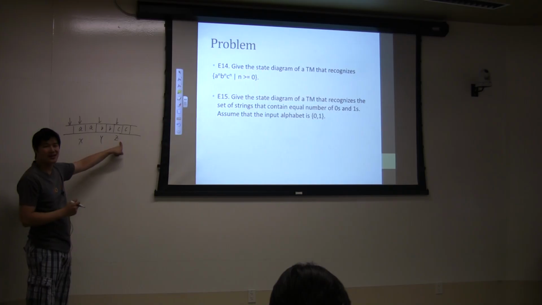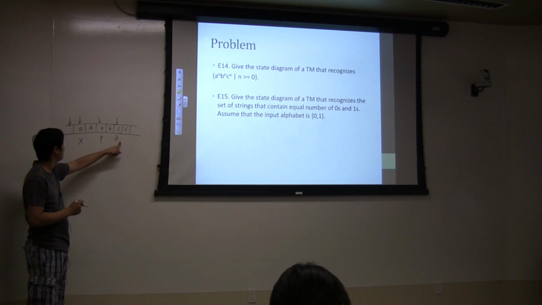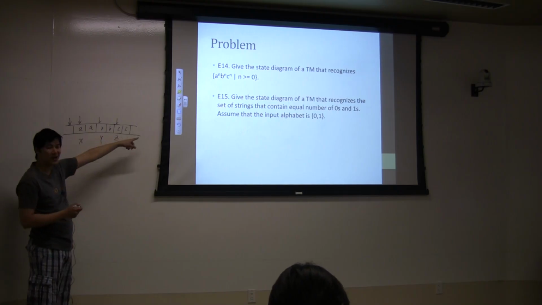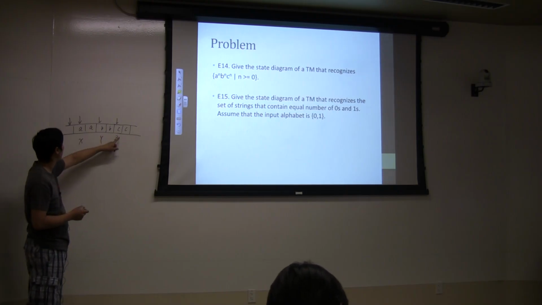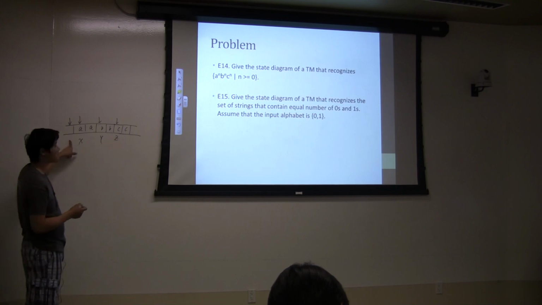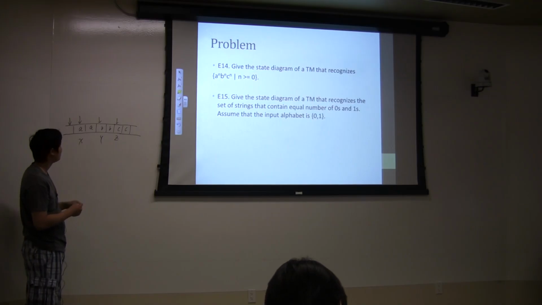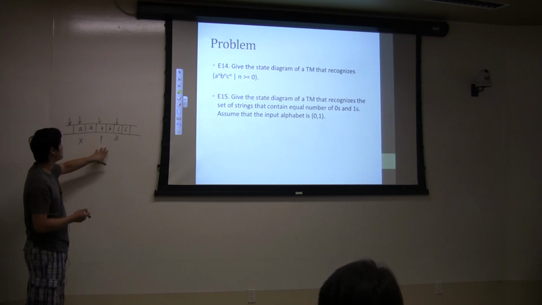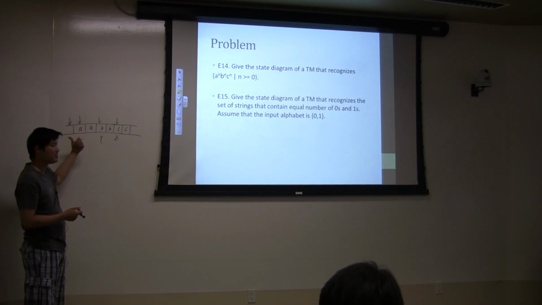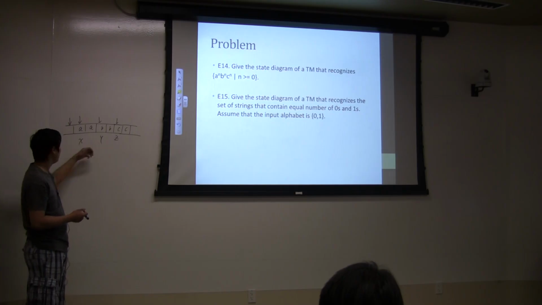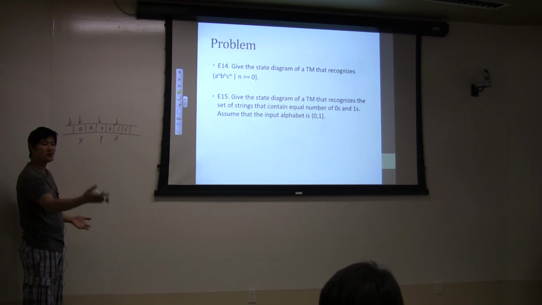What do you do next? Advance to the right? If you cross one C, you go back to the beginning and repeat. When do you stop going back? If you see Y, you go left. If you see A, you go left until you see X. Then repeat the same process. That's the algorithm.